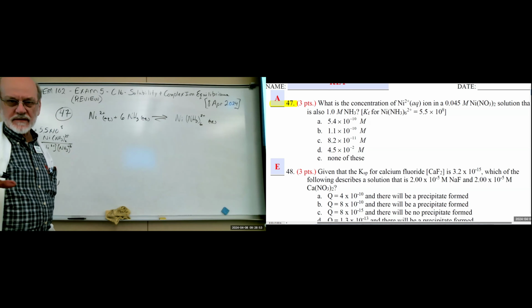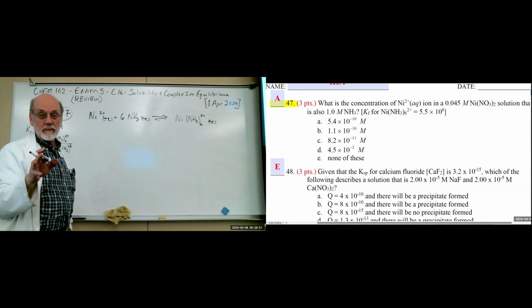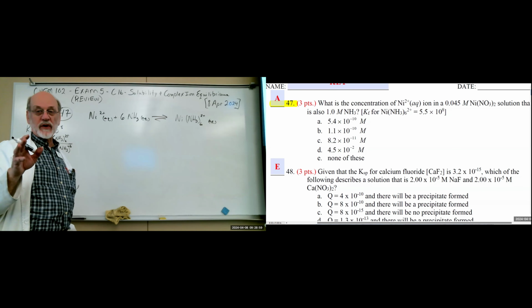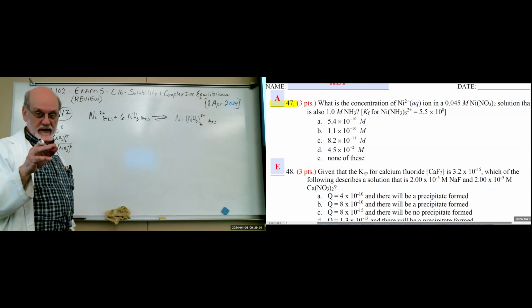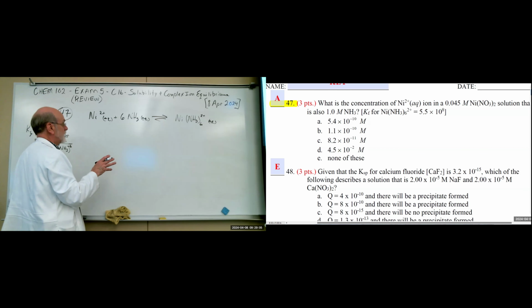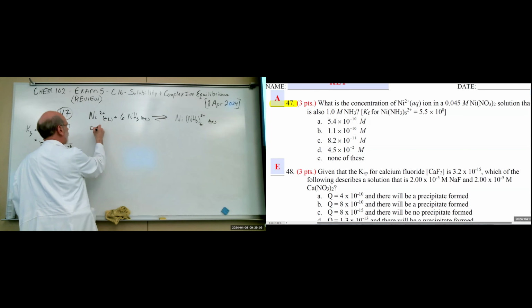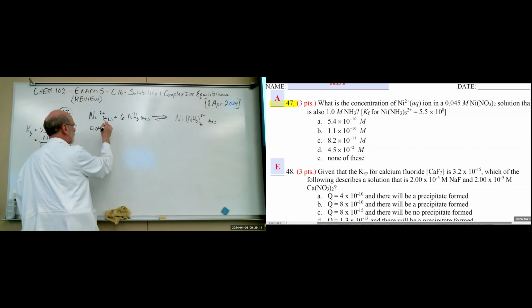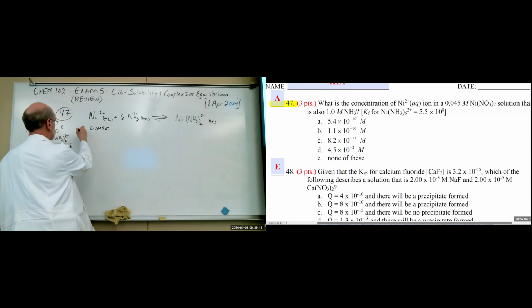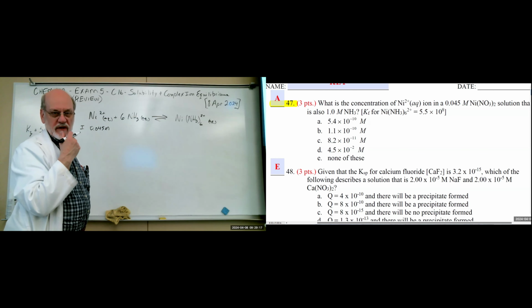So far, I think that's everything, except we're given 1 molar ammonia and 0.05 molar nickel nitrate. Okay, so the nickel concentration initially is 0.05 molar. And ammonia is 1 molar.